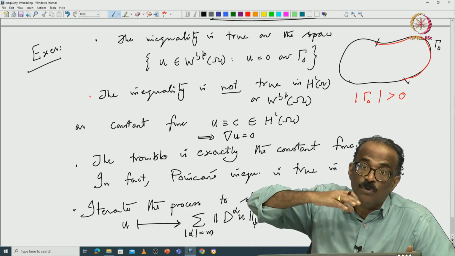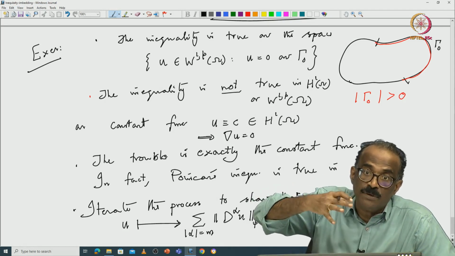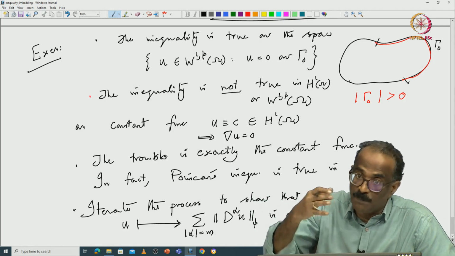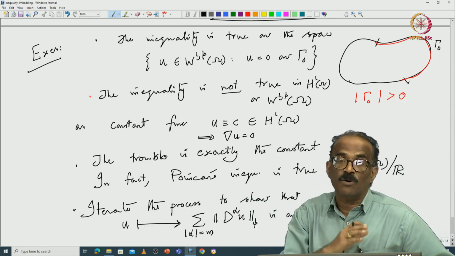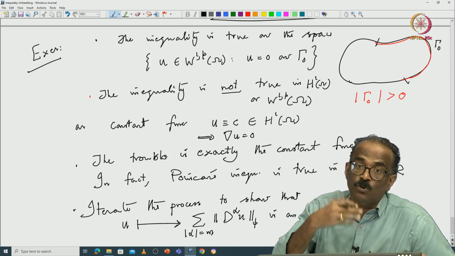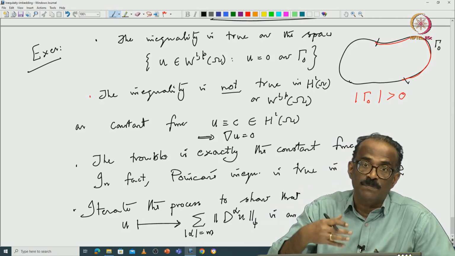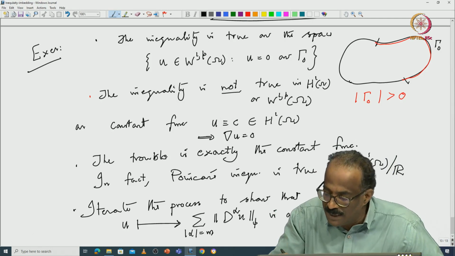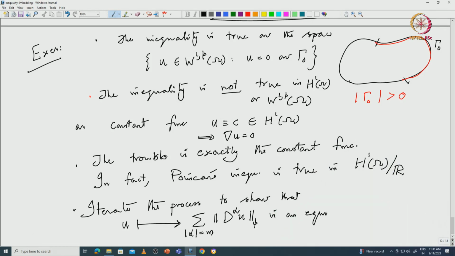The lower order derivatives have to be estimated in terms of the highest order derivative, which is an equivalent norm in W^{m,p} naught of omega.